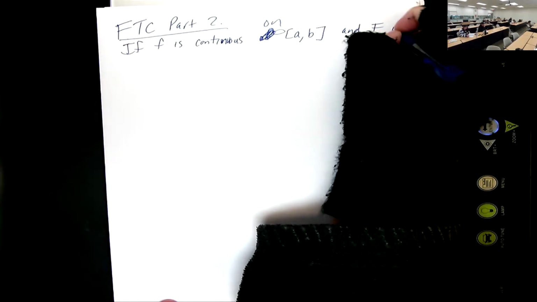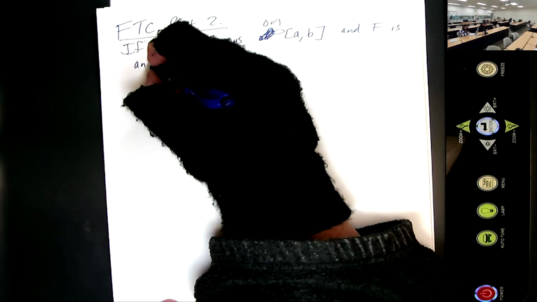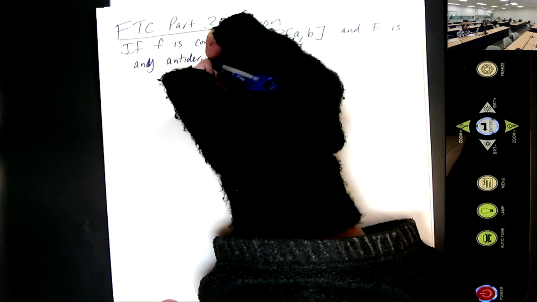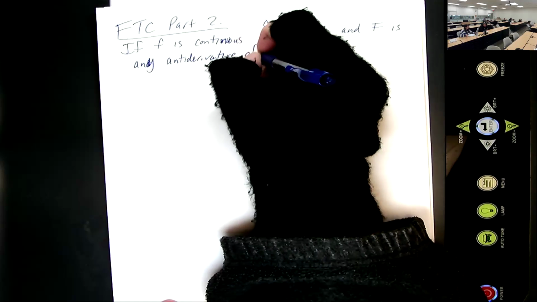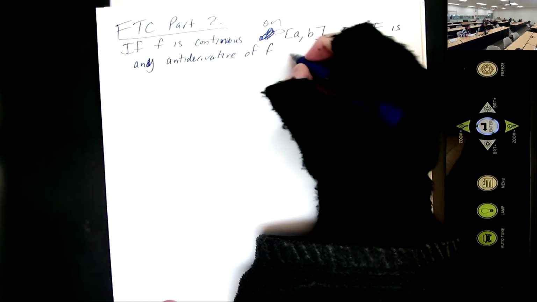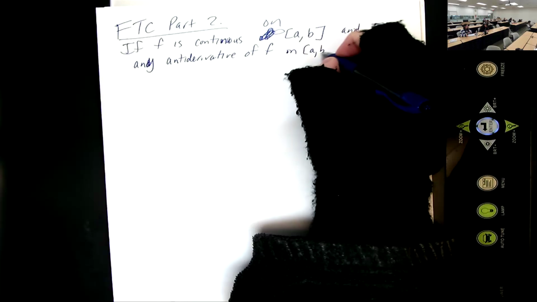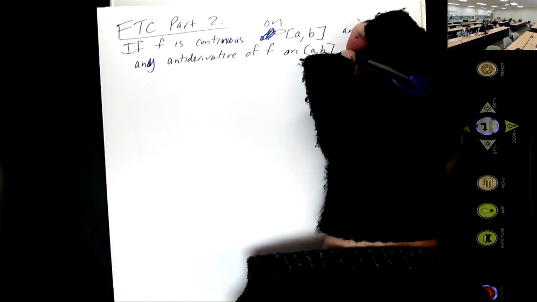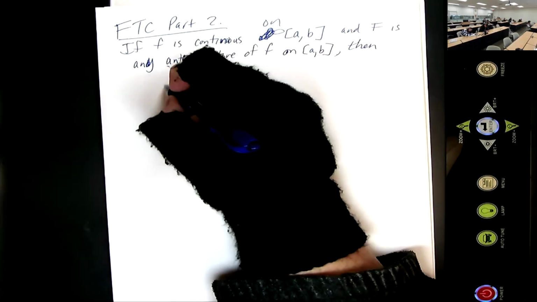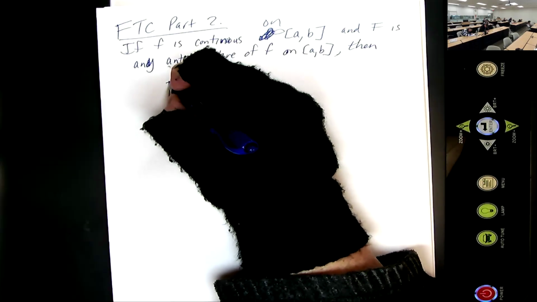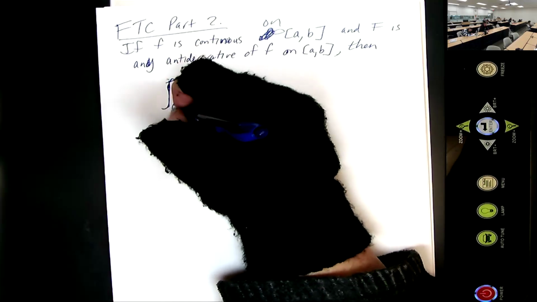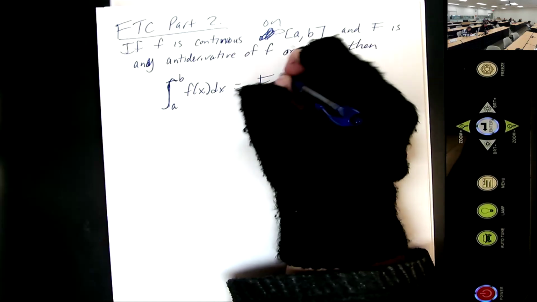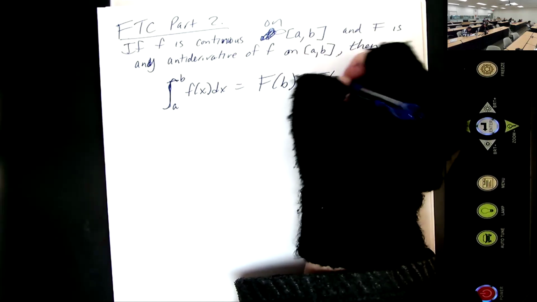And F is any antiderivative of little f on [a, b] as well. Only talking about the interval, same thing. Then we do the integral from a to b of f of x dx, this is the one I showed you before, equals F of b minus F of a.